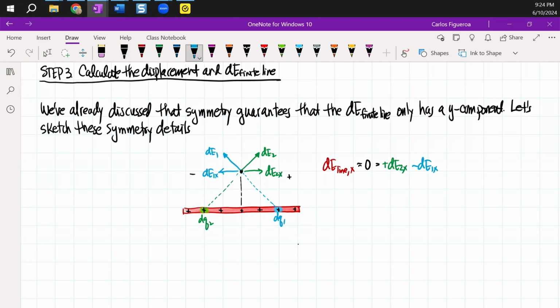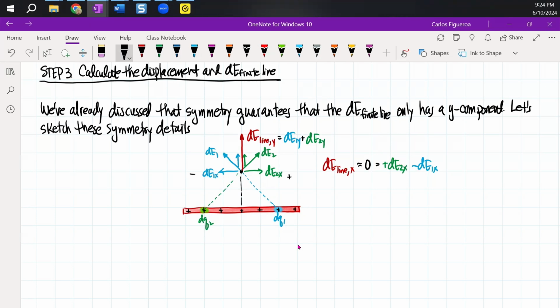Now, when I look at the y components, I can see here that there's a y component there, there's another y component there, and they're going to add together to produce this dE line in the y direction. In other words, I'm going to have two components that are going to add in the y direction.